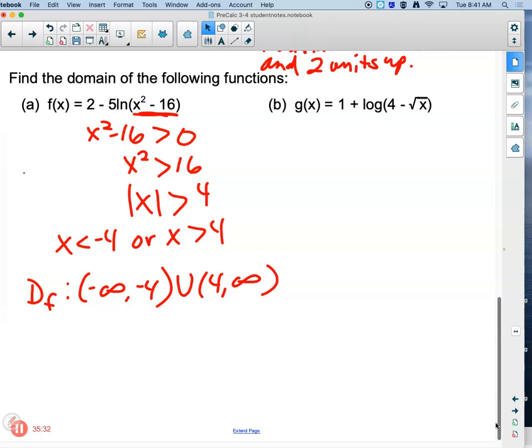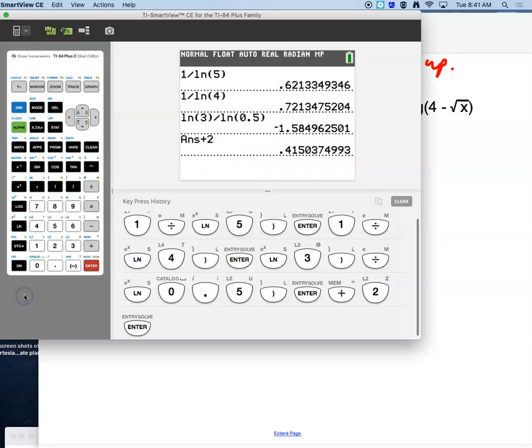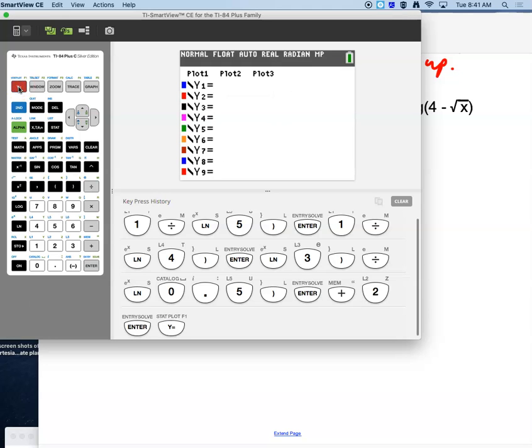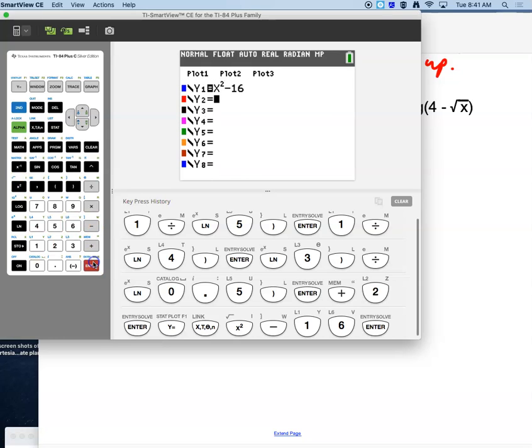But if you really wanted to, you could say, all right, I just need to find out where x squared minus 16 is going to be greater than 0. So I could graph that. And we might not even have to graph it, because we've done so much with quadratics that maybe you're already thinking, oh, I know exactly what that's going to look like. It's going to be my parabola, but it's going to have a vertex down there at 0, -16.